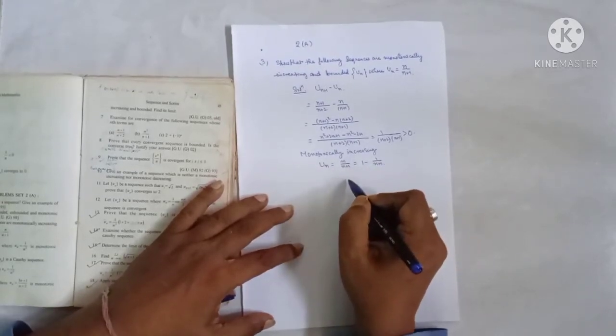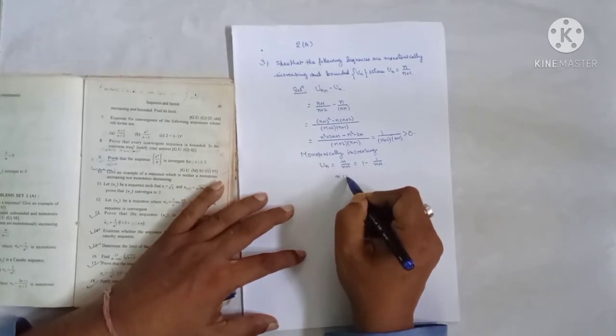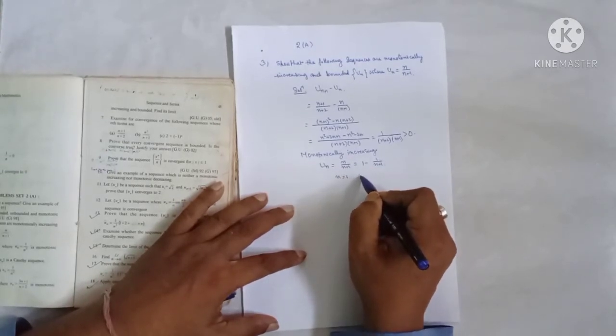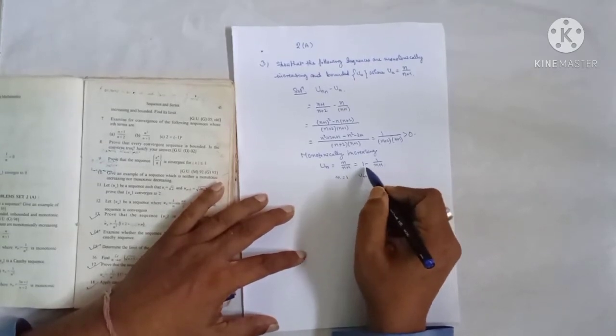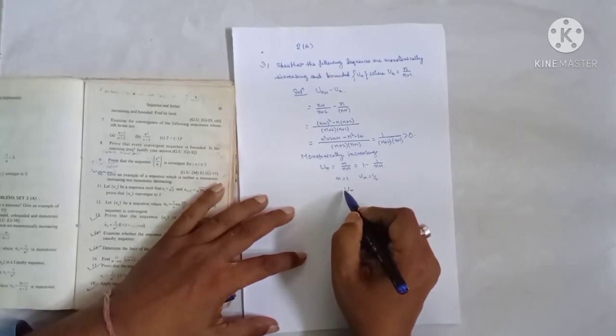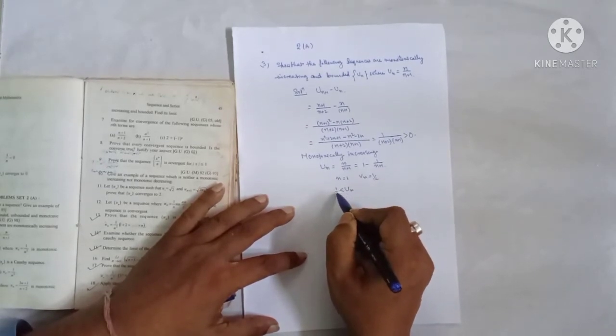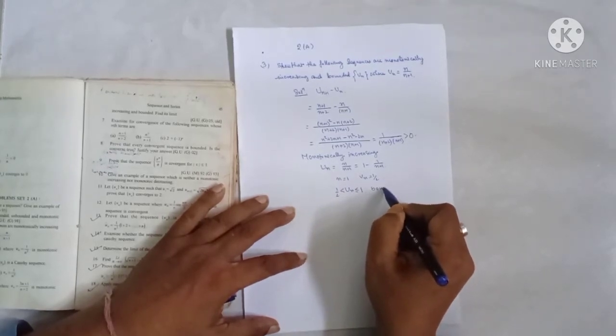So here you see that for n equal to 1, un is equal to half, and it is less than 1 always. So your un is greater than or equal to half and less than 1. So this is bounded.